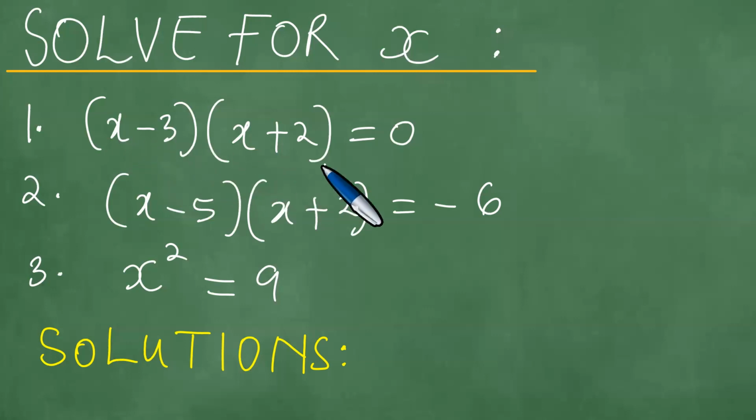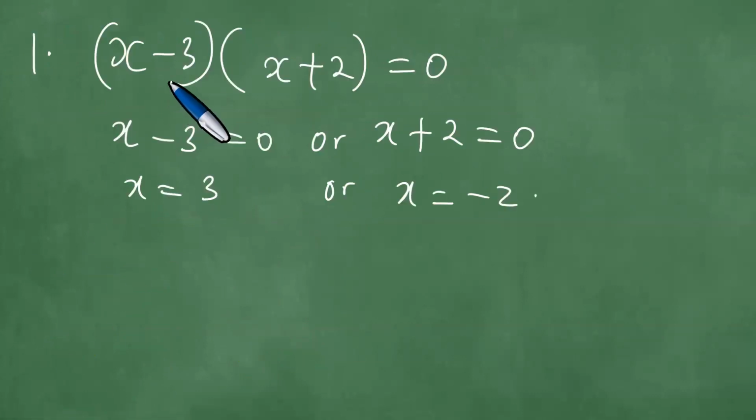(x minus 3)(x plus 2). Tando gave a suggestion, and we were given (x minus 3)(x plus 2) equals 0.